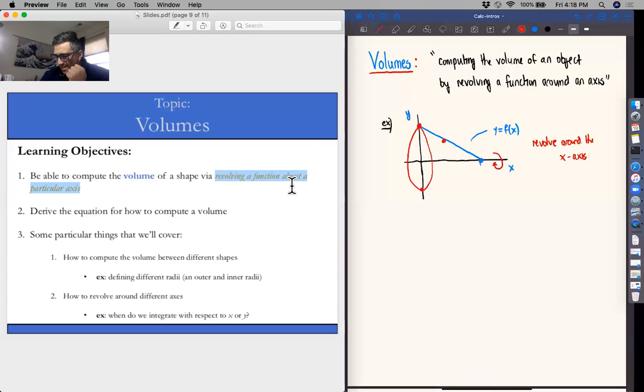And if we take any other point along that object and revolve it around the x-axis, it's going to also trace out a circle. So if we look at what object this actually makes for us, for example, revolving this line around the x-axis, this makes a cone.